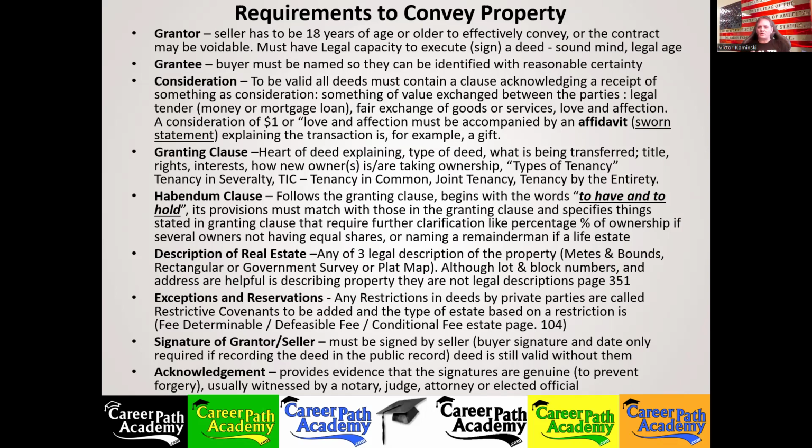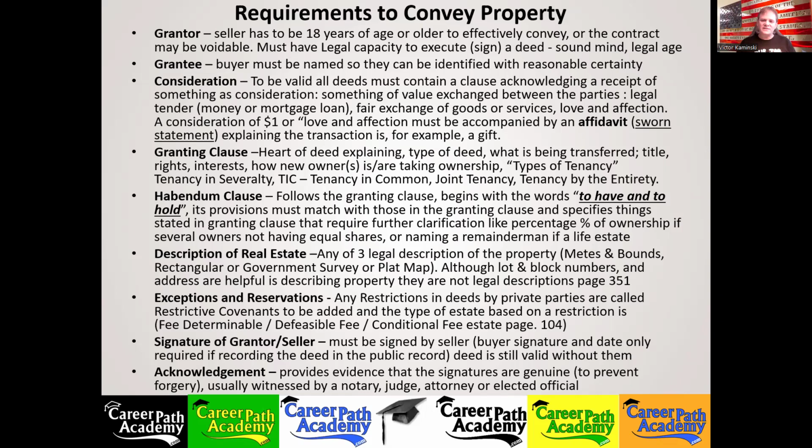And then the habendum clause follows the granting clause and it should not contradict it. It should just clarify any terms that need further clarification. Like if you and I buy a property together and you put up 75% of the cash and I put up only 25% of the cash, unless we specify otherwise, we're 50-50 owners on that property.